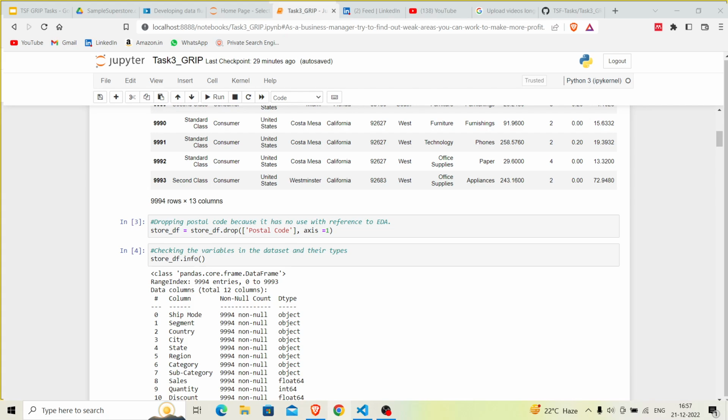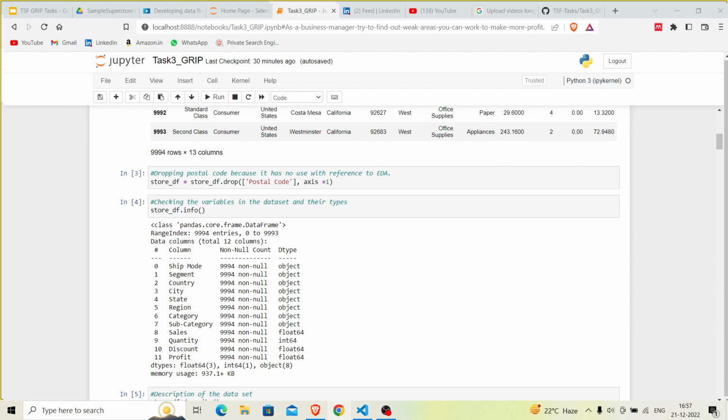In the next step, I am dropping the postal code column from the dataset with axis equal to 1, which means the column. I am dropping the postal code column because it has no relevance to the exploratory data analysis. And after that, I am using the .info command to get the information of the various attributes of the dataset.